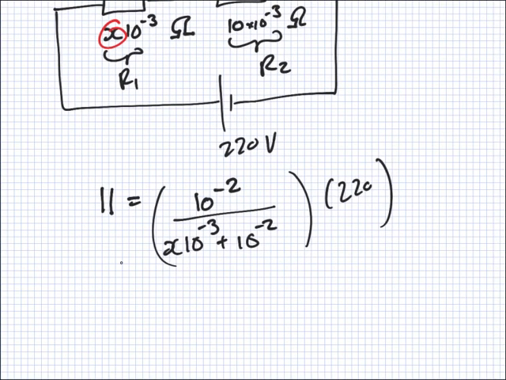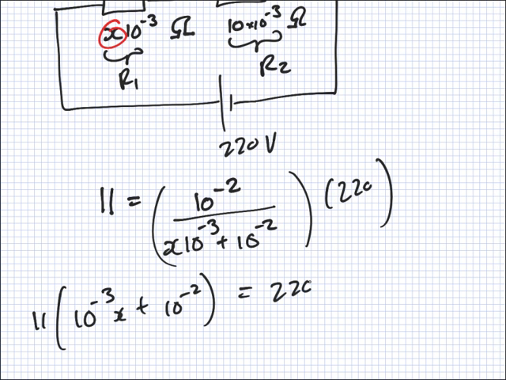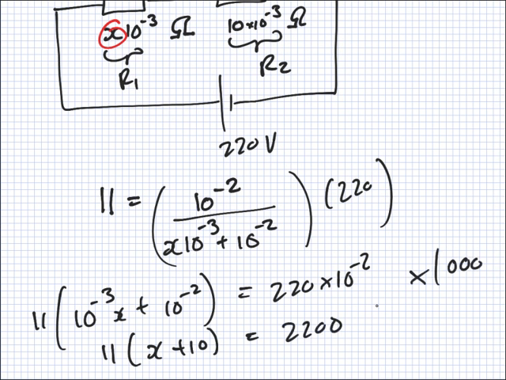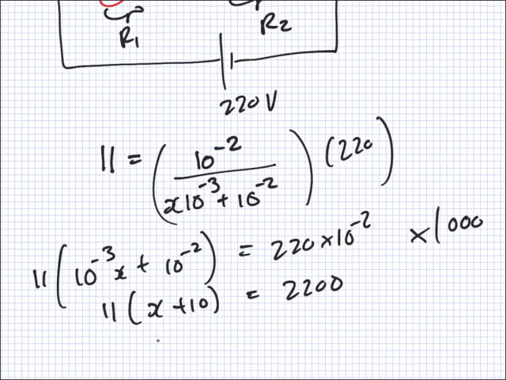So I'll cross multiply first. I'll have 11 times (10 to the minus 3 x plus 10 to the minus 2) equals 220 times 10 to the minus 2. I'll multiply everything by 1,000. So that'll be 11x plus 10 equals 2200. So that means x equals 2200 over 11 minus 10.